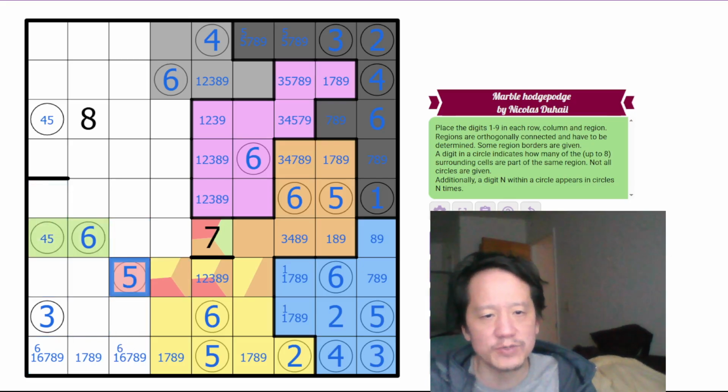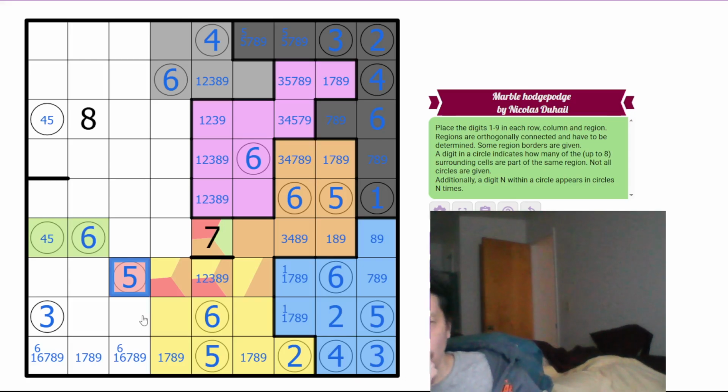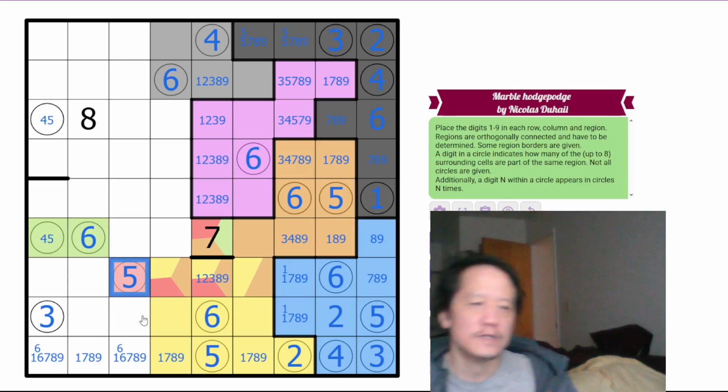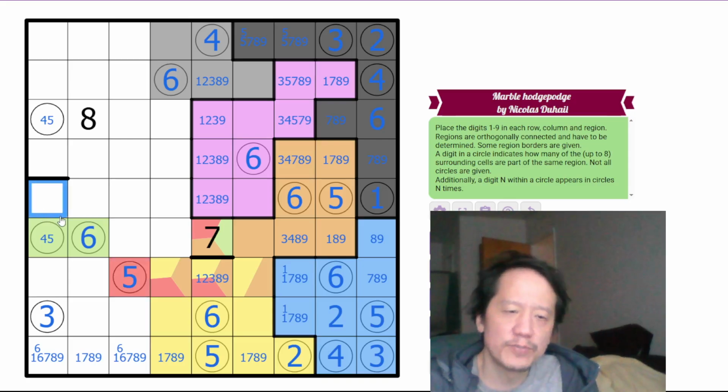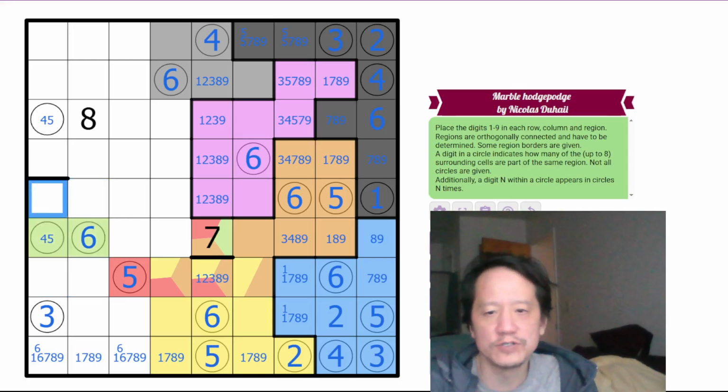So this has to be separate regions then. This is green, this is red. This cannot be a separate region from green. If this were a separate region, then this would have to be 4, and this would block off this region. So this is green.